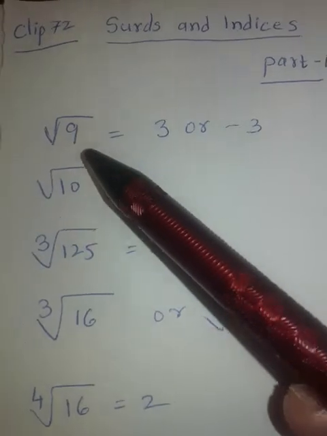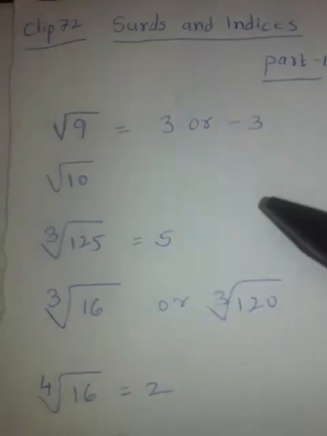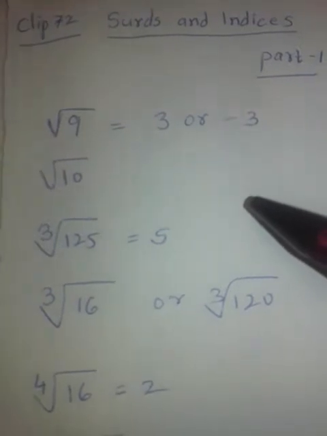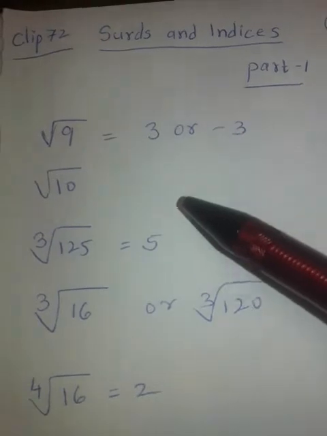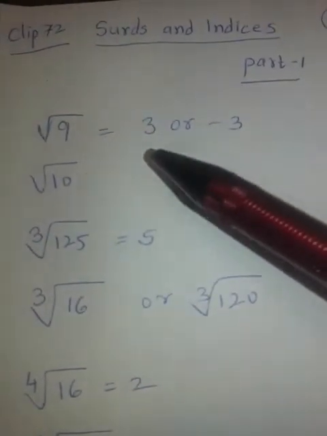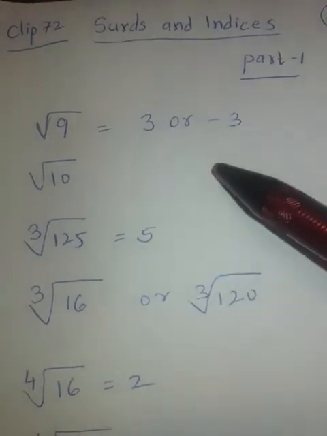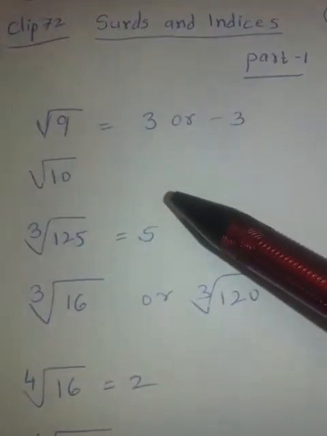If I ask you what is the square root of 9, you will immediately tell me it is 3 or minus 3. Within 1 second you will tell me. But if I ask you what is the square root of 10, do you have any exact value for it? We don't have. If you use a calculator you will find some number, some fraction, but you will not get the exact value.